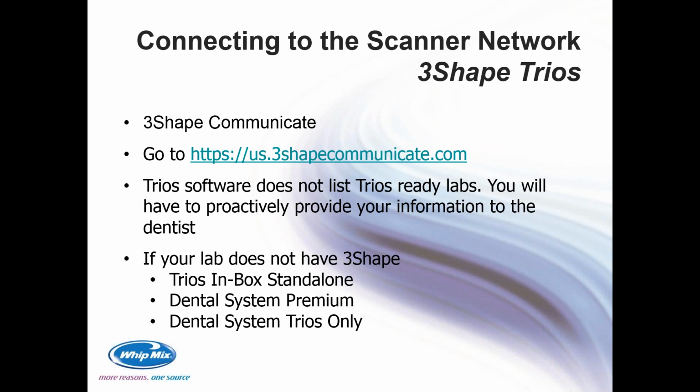But then there's also Dental System Trios only, and it is a full version of Dental System, which is very nice. So you're getting full-blown Dental System in terms of designing. The one limit versus Dental System Premium is that you can only receive and design on scans from Trios. But if you have a doc that has gone Trios only, Dental System Trios only is a very cost-effective way for you to receive files from Trios.